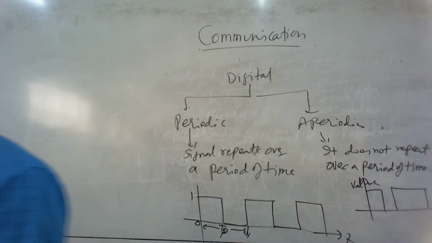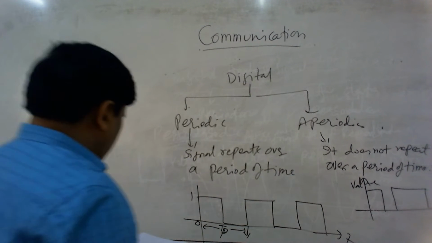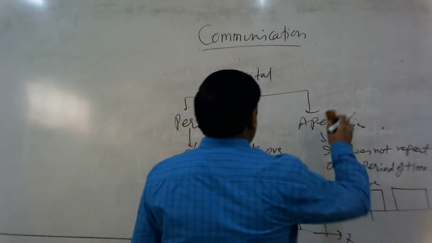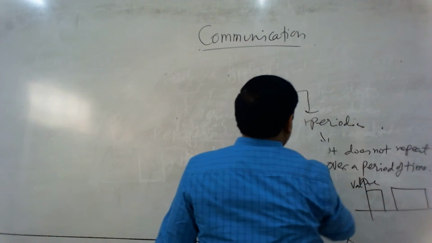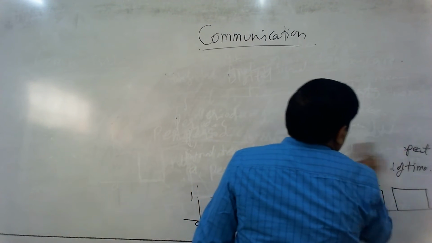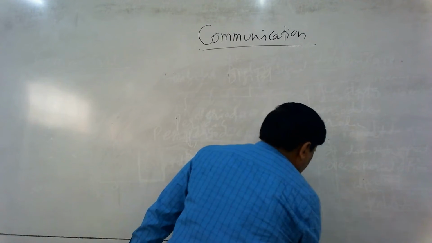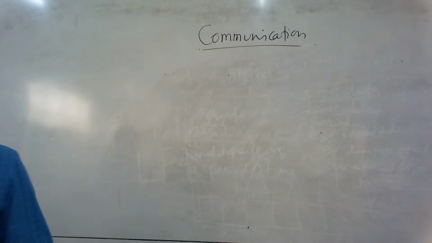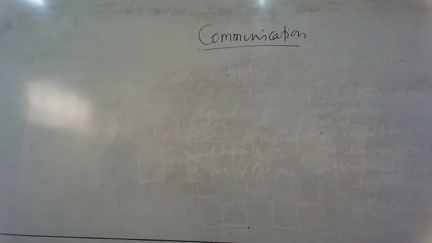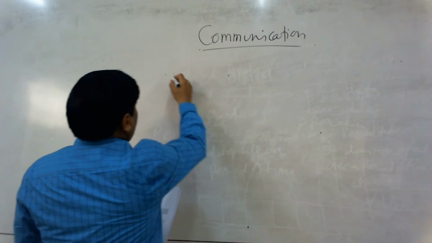Okay. So now we will study the analog communication system. An analog communication system consists of various blocks, which are very important in the field of communication systems, which are based basically on a signal.